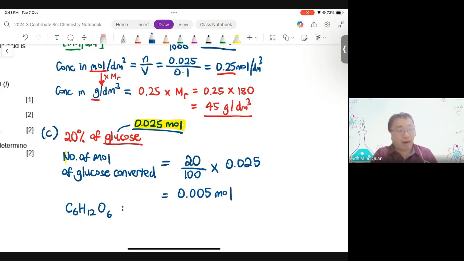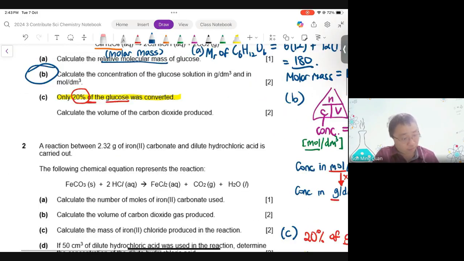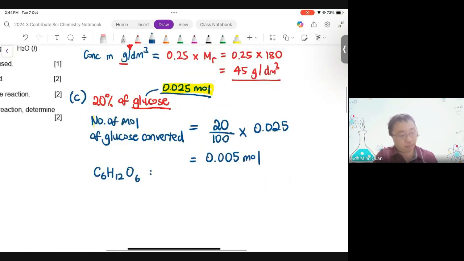Now you want to find what? Carbon dioxide, I believe. Yep. So the carbon dioxide, 1:2. The mole ratio has to be shown. Even if the mole ratio is 1:1, it's the same number, you must still show it. Why am I so insistent?